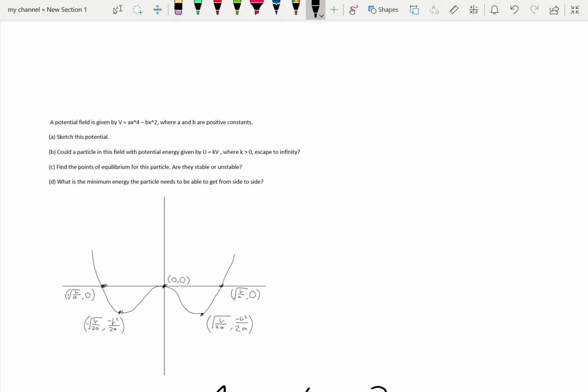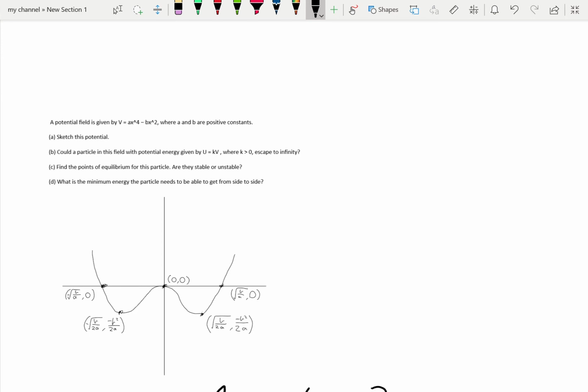No particle in this field could escape to infinity because it would have to have infinite energy to do so, because this potential on either side can reach any arbitrarily high number. So presume the particle had, say, a million joules of energy.